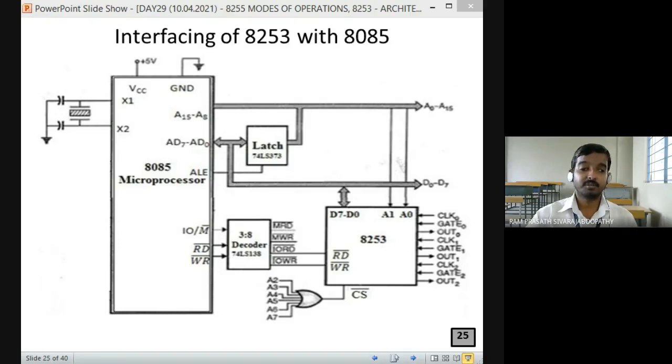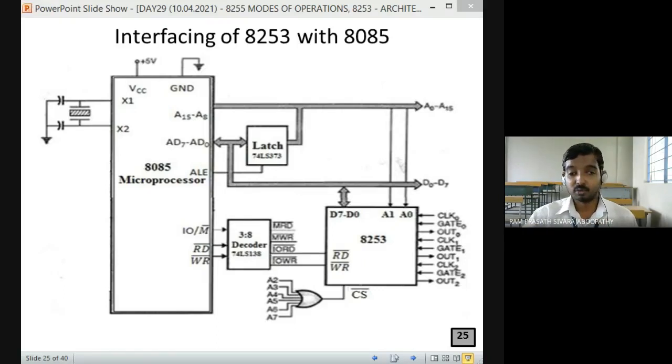Yes, very good, Anthony Surya. Very good. So what does counter 2 mean? 02H. What about the control word register address? What will be the address of the control word register? Yes, 03H. Okay. Is it clear?